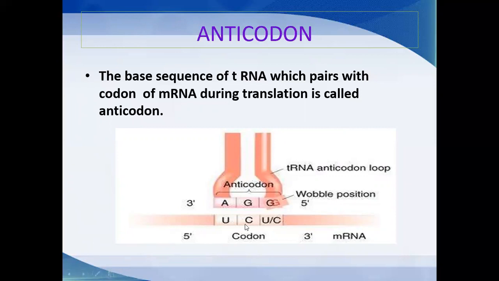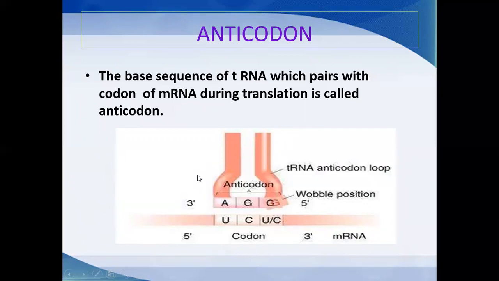So codons are always written in 5' to 3' direction, and anticodons are always written in 3' to 5' direction. The anticodons of some tRNA molecules pair with more than one codon, because the third base is the wobble base or wobble position. So it can pair with different types of nitrogen bases also.